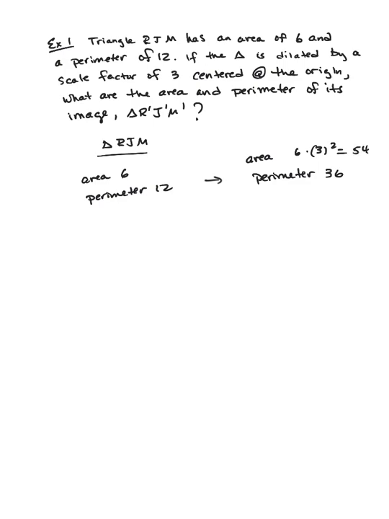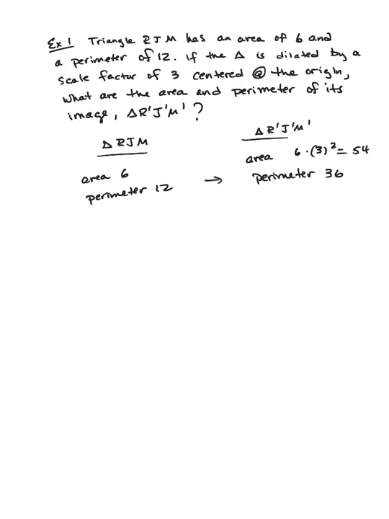Okay, so this would be your answer. All right, this would be the information for triangle R prime, J prime, M prime. If you look at the ratios of the image to the pre-image, you could see that the perimeters are in a 3 to 1 ratio and the areas are in a 9 to 1 ratio.